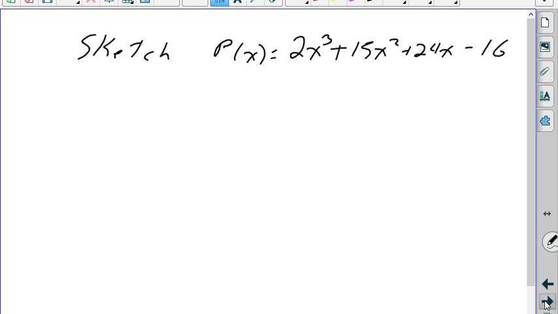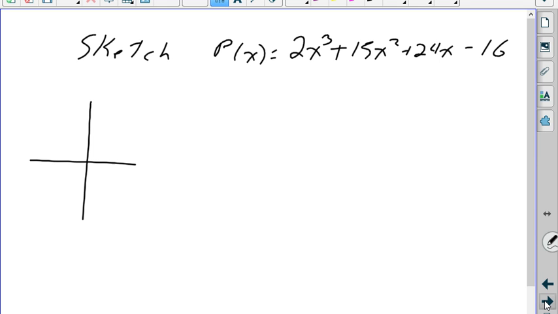I know technology is going to make it easy, but what happens when you don't have technology? Well, we can get a general shape of this graph. I can't do much with the general form, just like I have problems doing much with the general form of a quadratic.